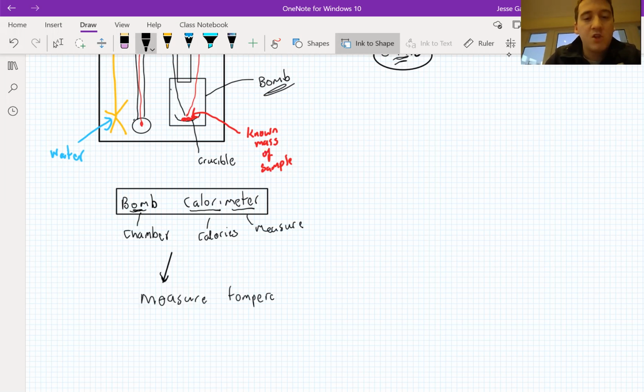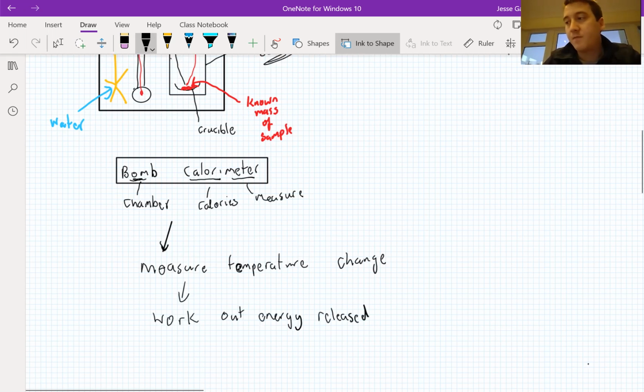So you measure how much the water changes by, and the water is the surroundings, remember? So however much the water changes by, you measure the temperature change. That's how it works. And then you would use a formula to work out the energy released.